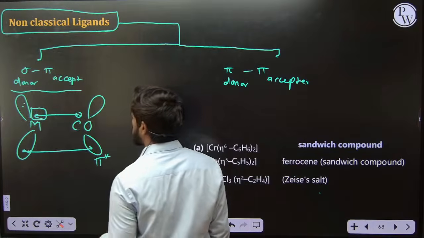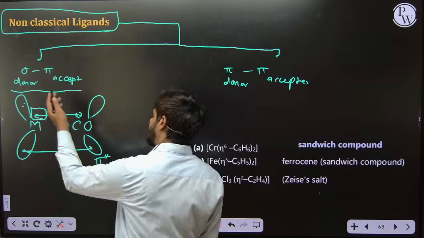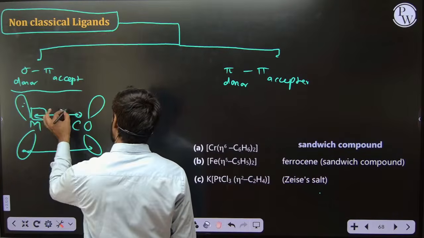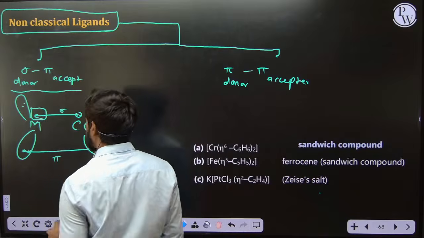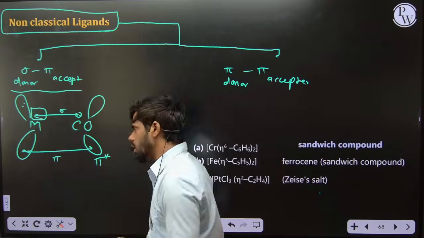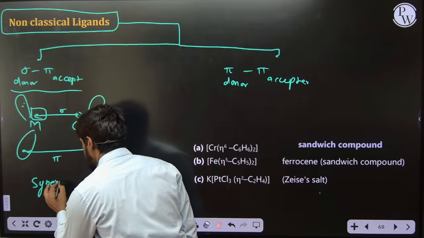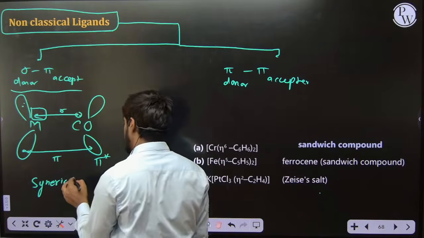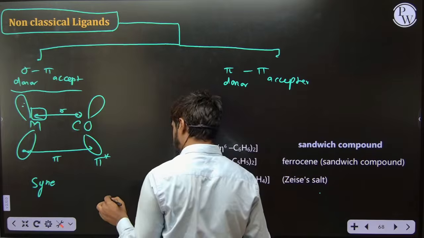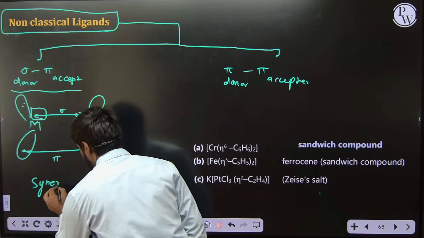This is known as sigma donor and pi acceptor. Since this is sigma, this is pi, by the pi bond it is accepting the electron, and this is also known as a special type of bond, known as synergic bonding.